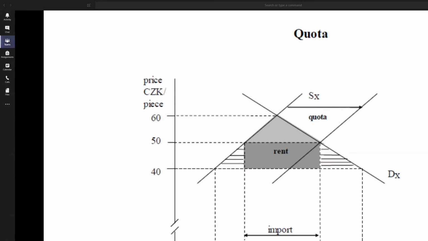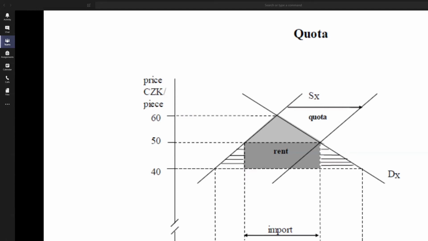And you can see here, do you see the red line? Yes. Okay. This was the difference: what was imported if there was a free economy. You understand it? If there was a free economy, you could import this red line.